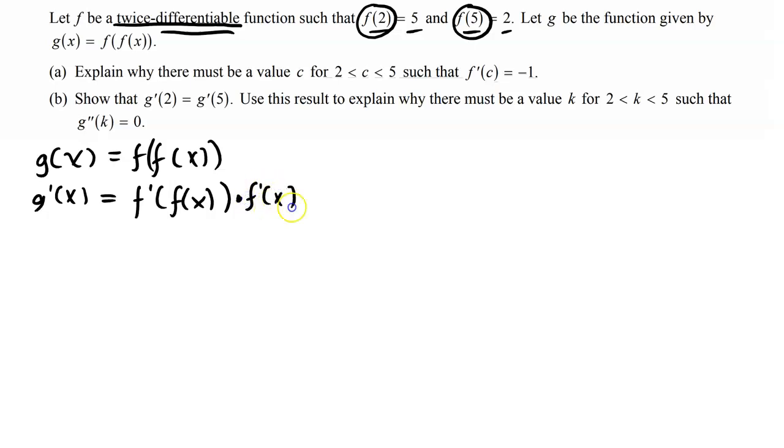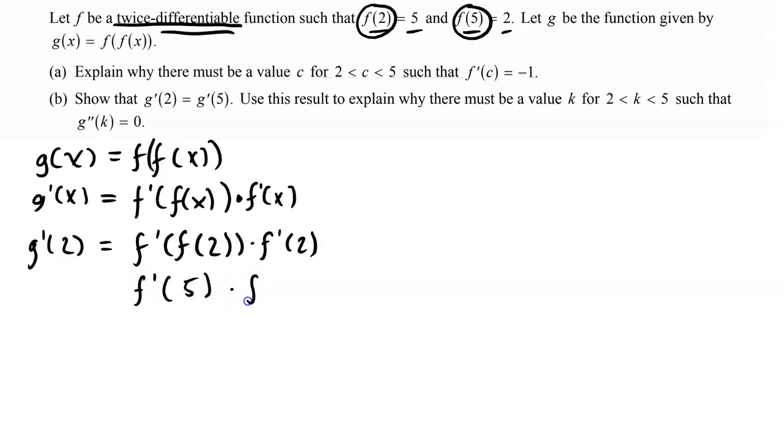this. This is the chain rule. Now let's evaluate g prime of 2, which is f prime of f of 2 times f prime of 2. f of 2 is 5, so it's really just f prime of 5 times f prime of 2. Seems like we're stuck here because we don't know the value of this.